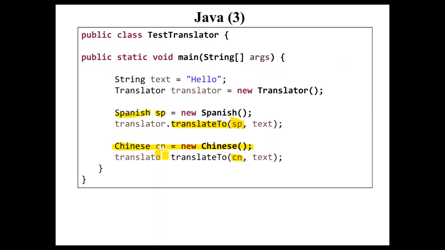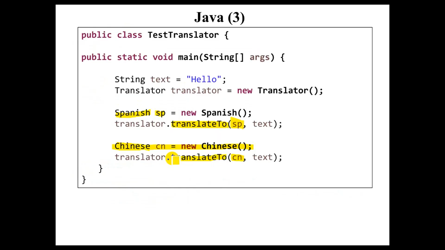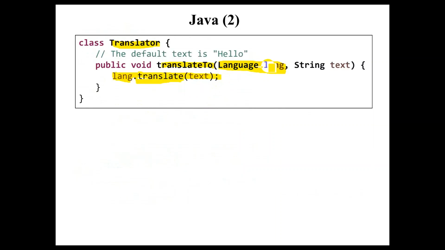Similarly, when we pass the Chinese object to the translate to method, this lang object will become the Chinese object and it will call the translate method from the Chinese class, and in this way it will work for any number of classes that you want to add in this implementation.